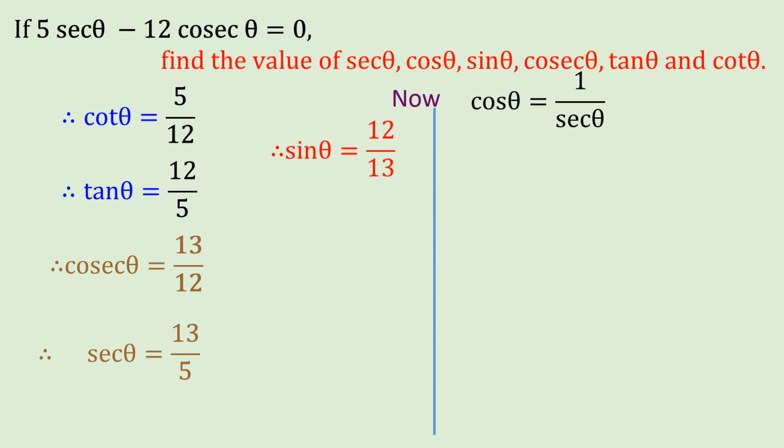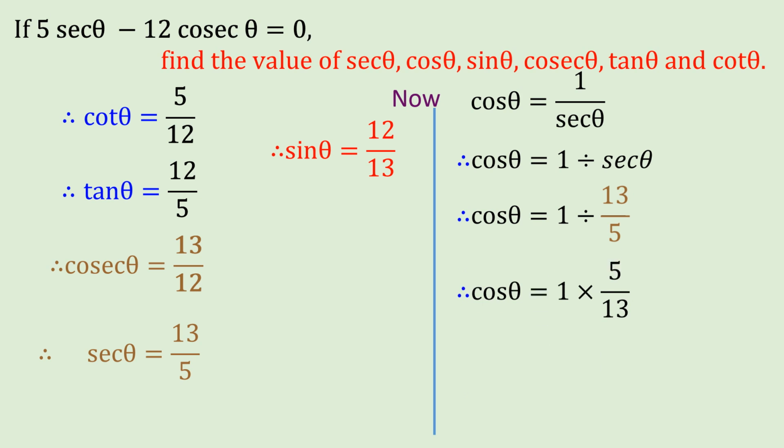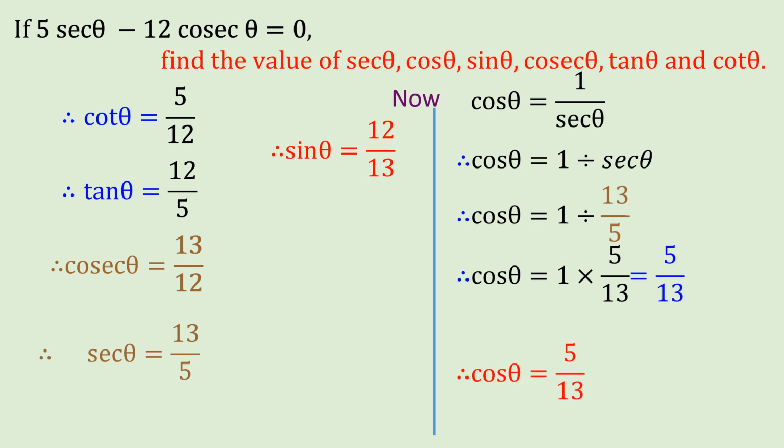So we are going to do cos equals 1 upon sec theta, which further simplifies to 1 divided by sec theta, 1 divided by the value 13 upon 5, which is the sec theta value, and then multiplication, as you know, 5 upon 13, because 1 multiplied by any number will give you the same value. So cos theta, what we got? 5 upon 13. So if you see, we have got all the values which were asked in the question.